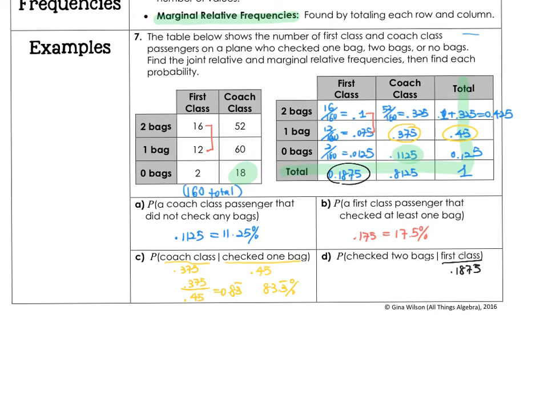It's 0.1. It's right here. So it's 0.1 here. So this is simply 0.1 over 0.1875. So I have 0.53 bar. And that's 53%, give and take.